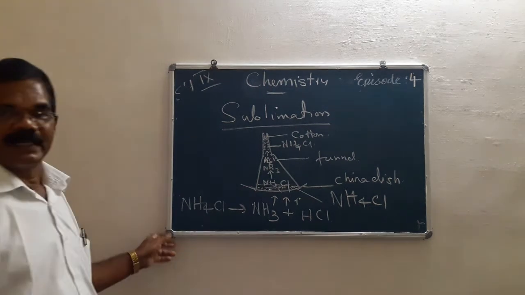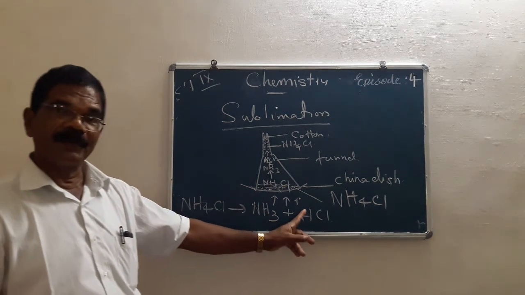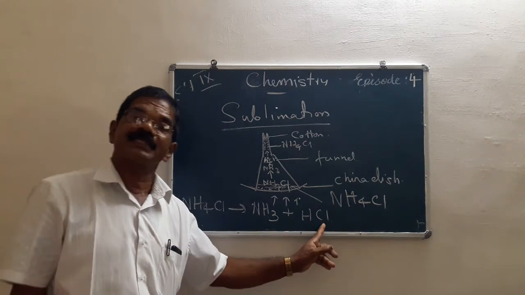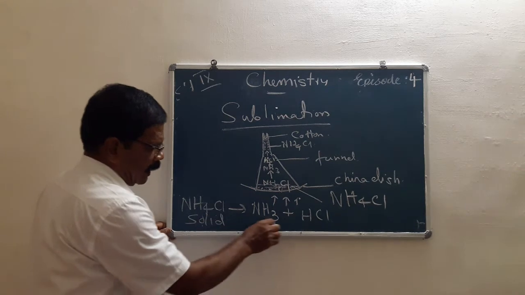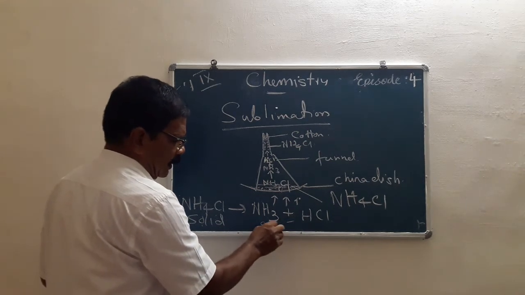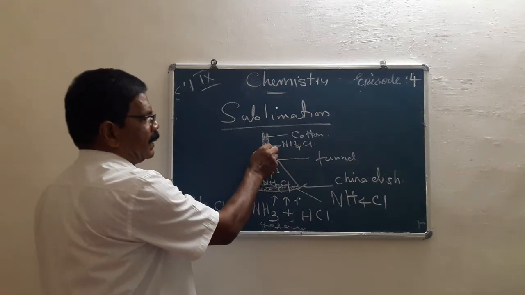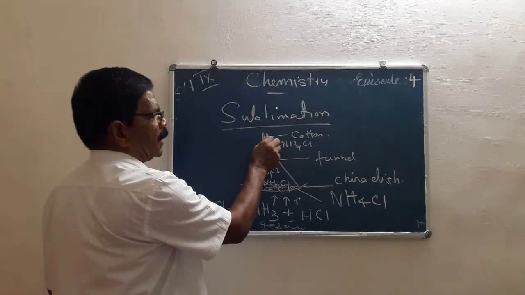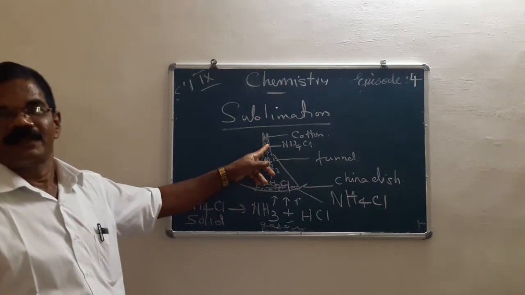Here ammonium chloride in the solid state, on heating, decomposes to give ammonia and hydrogen chloride in the gaseous state. They cannot escape, so they again combine to form ammonium chloride at the end part of the funnel. Do you understand?